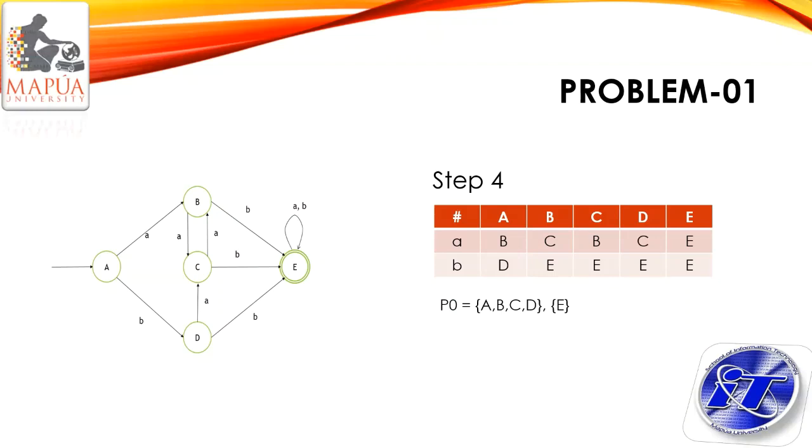If A encounters A, it will just go within the group. Okay. How about B? If A encounters C, it will stay within the group. But when B encounters B, it will go to E, which is a different group.